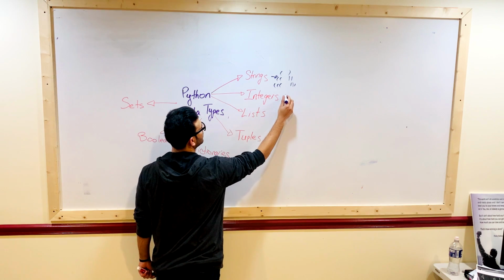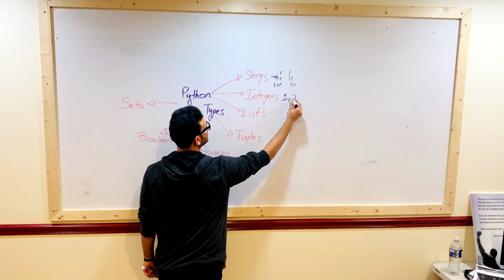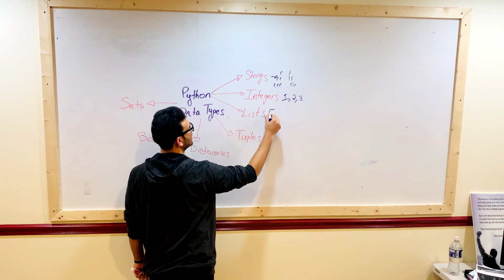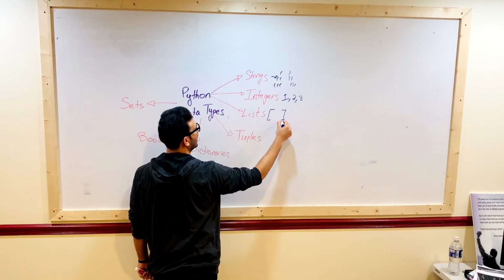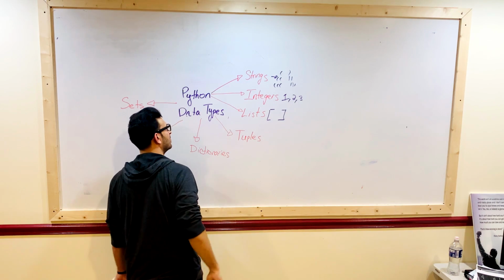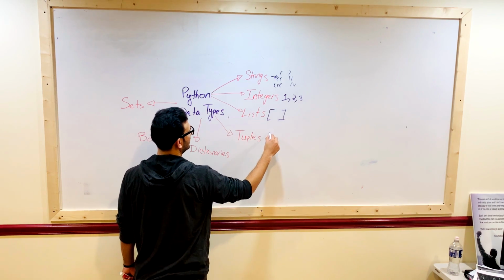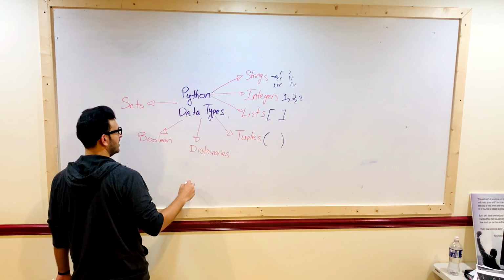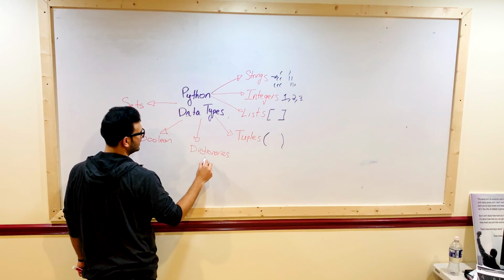Integers are your typical numbers. Lists are defined by anything in square brackets. Tuples are anything in parentheses. Dictionaries are anything in curly braces.